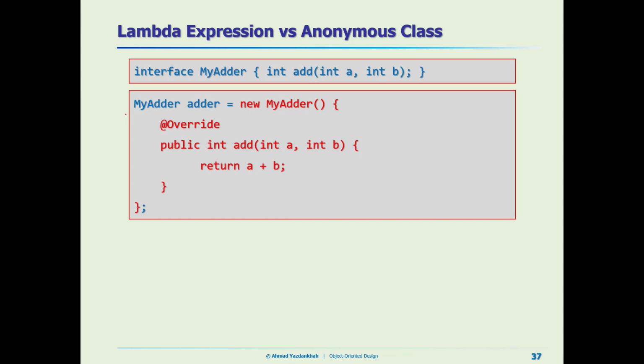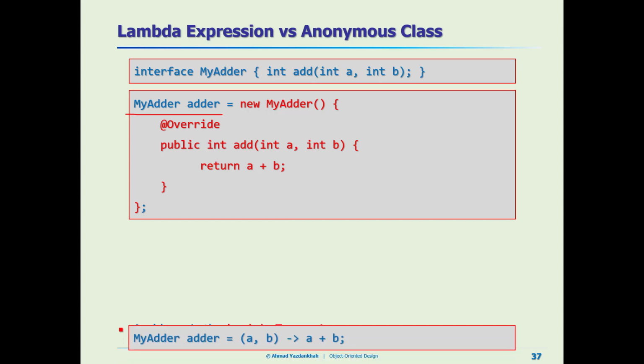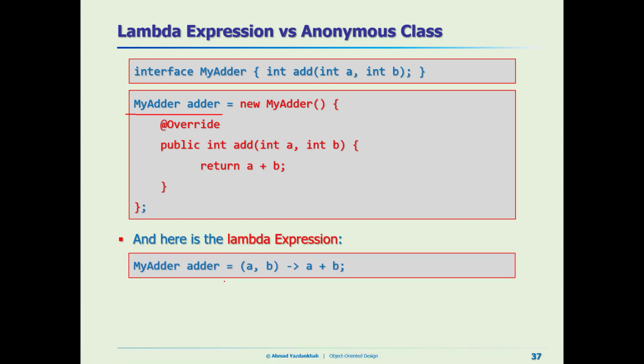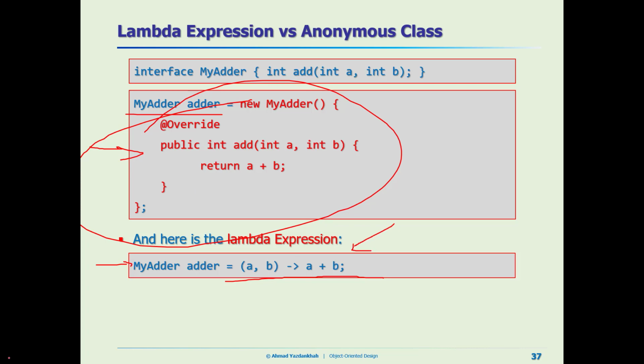This myAdder, the adder, is the same thing that we saw in the previous slide, right? Yeah, exactly, they are the same thing. You just compare this code and this code. The anonymous class is very verbose. There is a lot of code, but the lambda expression is so concise. We love this, definitely.